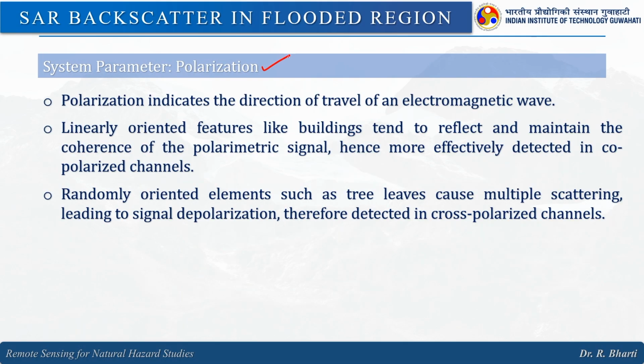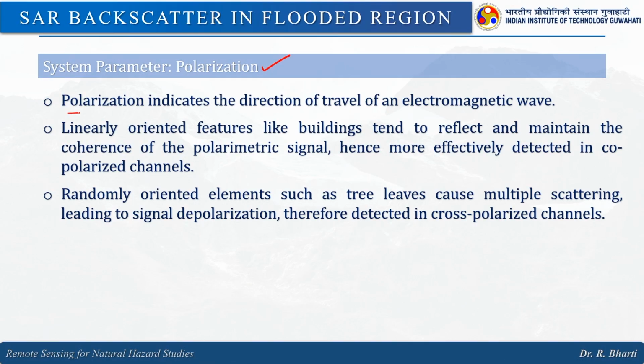Then comes the polarization. I hope you remember these basics I have covered in microwave remote sensing. Now I am referring to those concepts again here to understand the application potential of microwave remote sensing in flood studies. So, the polarization indicates the direction of travel of an electromagnetic wave.